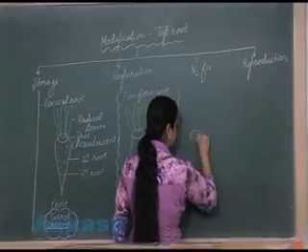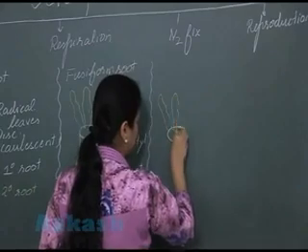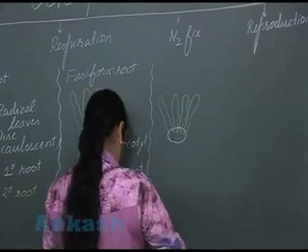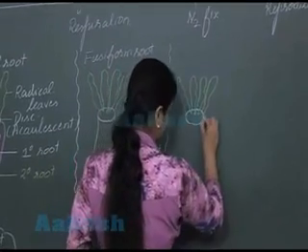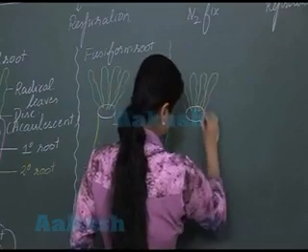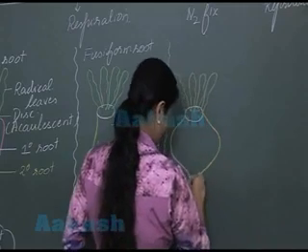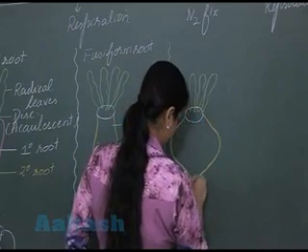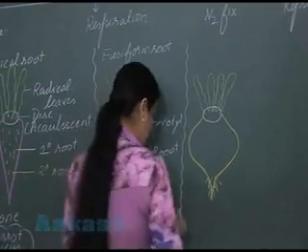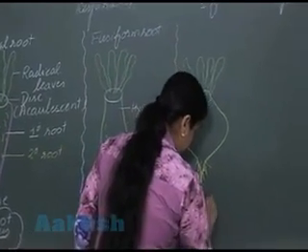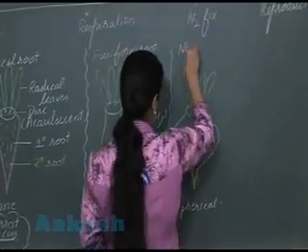everything is the same. That is a disc shaped stem. Then on top of it there will be radical leaves. Now on the lower side, the part which is involved in the storage, this one, is spherical, subspherical in shape, and this type of root is known as napiform root.